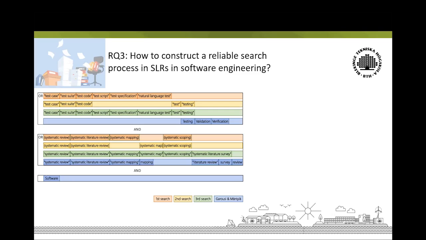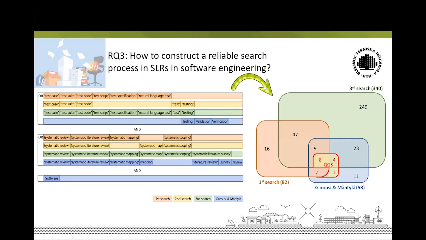And here we compare the search strings, to understand, okay, this is our first step, what's the difference between our search strings and the search strings from the other tertiary studies. As a result, what we got here, to clarify also, is that the second search is actually a pilot one.